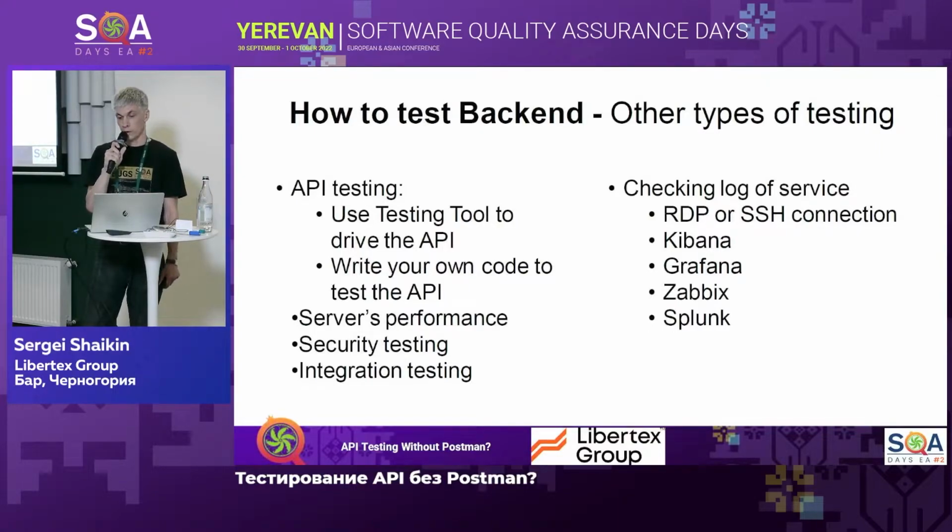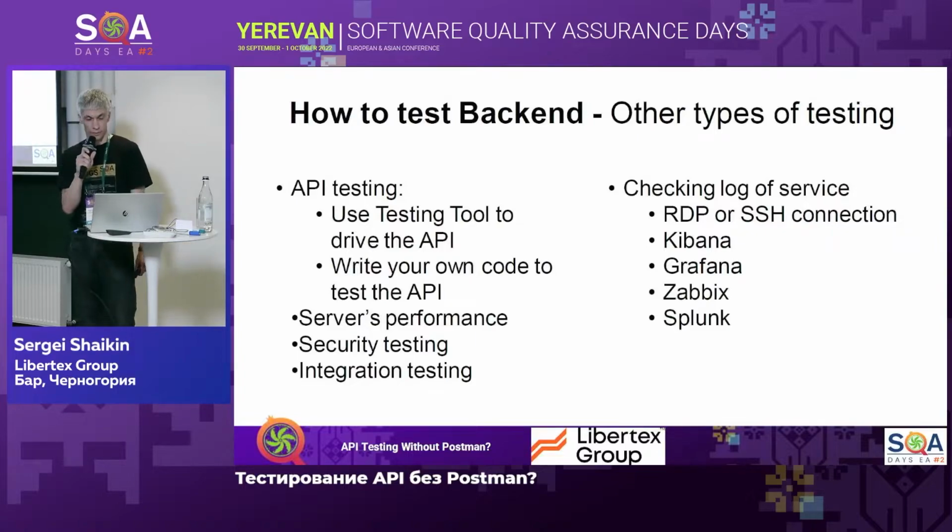Not only direct connection. You can use tools such as Kibana, Grafana, Zabbix, Splunk. We are using these aggregators to check logs. And of course, we have server performance and security testing, integration testing.